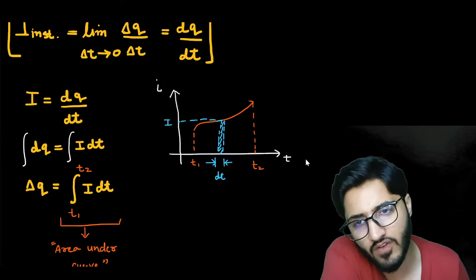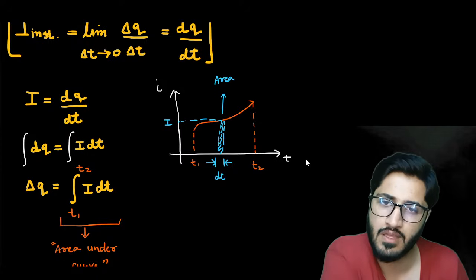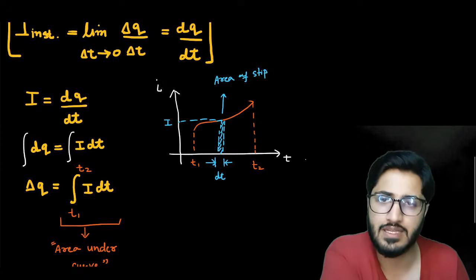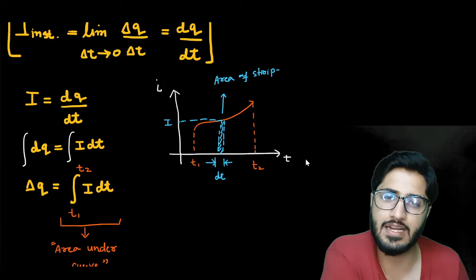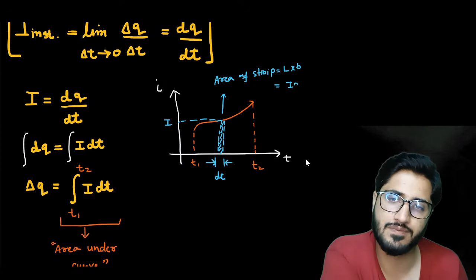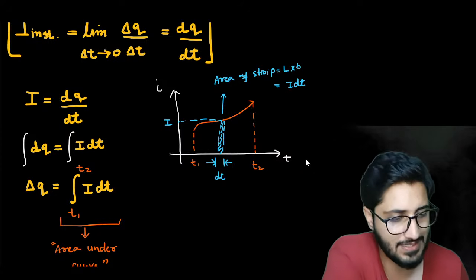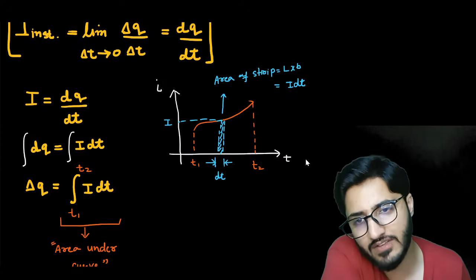So what is the area of this strip? It is length into breadth, so I can write I dt. Now I can do one more thing.